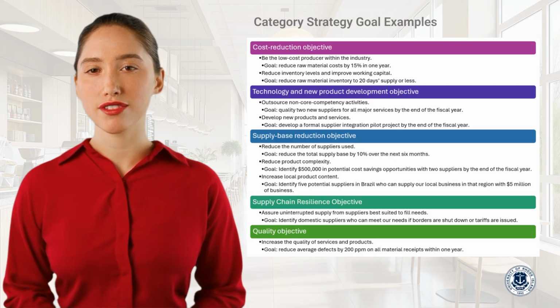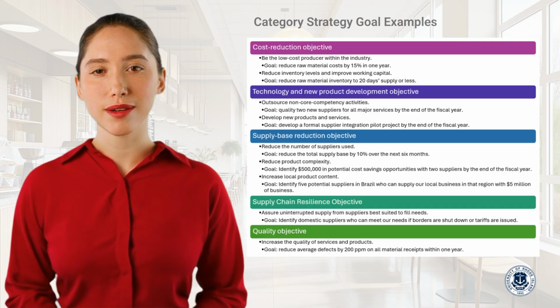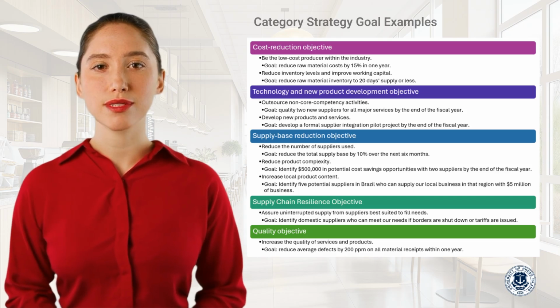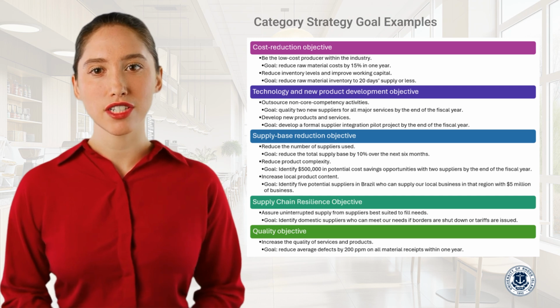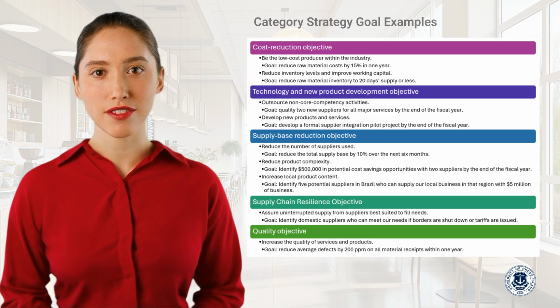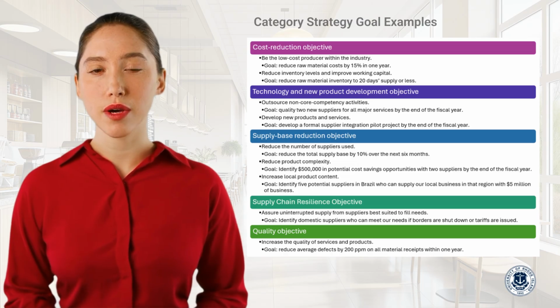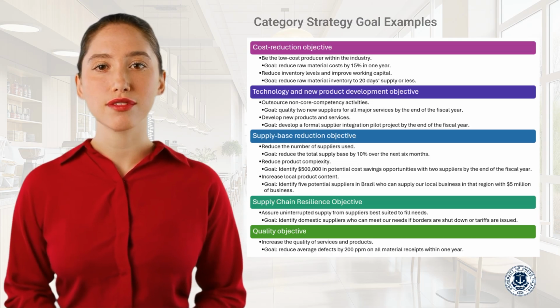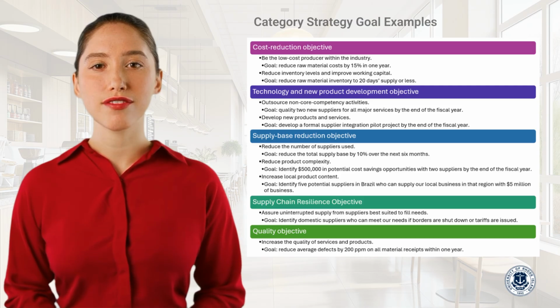Category strategies are driven by clearly defined goals, and these goals can vary widely depending on business priorities. For example, a cost reduction objective might aim to make the firm the low-cost producer in its industry with a concrete goal such as reducing raw material costs by 15% in 1 year or lowering inventory levels to improve working capital. A technology or new product development objective may involve outsourcing non-core activities, qualifying new suppliers, or integrating suppliers into product development efforts.